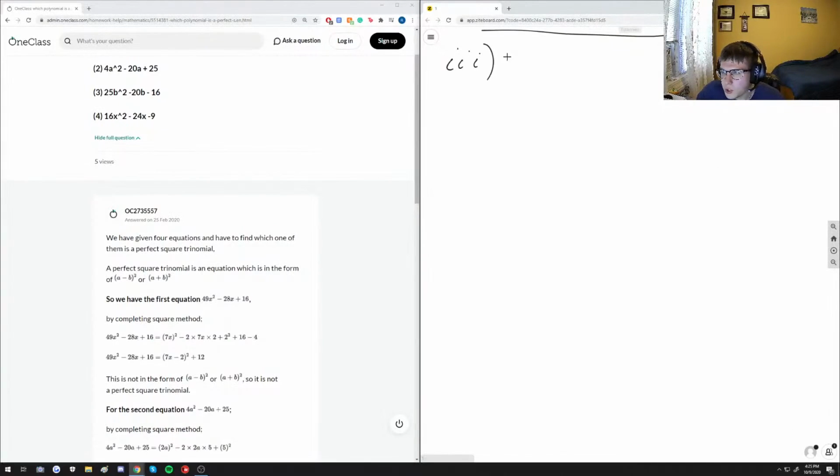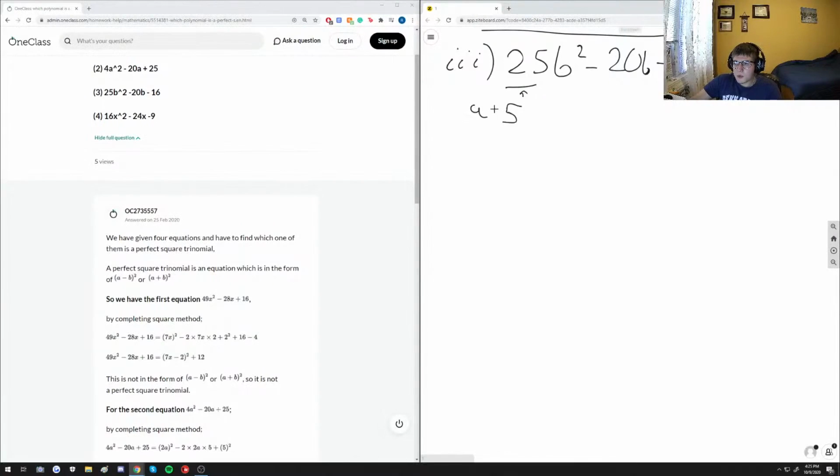Our third answer choice here is 25b squared minus 20b minus 16. So essentially, we can once again go through the assumptions. So we're going to say that in this case, the square root of 25 is going to be 5.